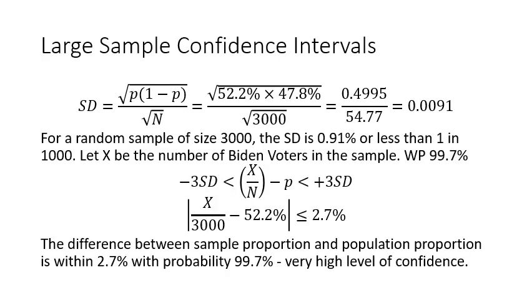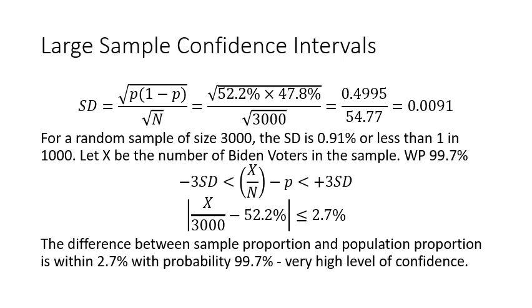So how do we use this probability theory model? We look at the large sample confidence intervals to make predictions. And so basically the prediction is based on the SD, the standard deviation, which is defined as the square root of p times 1 minus p, divided by the square root of n.